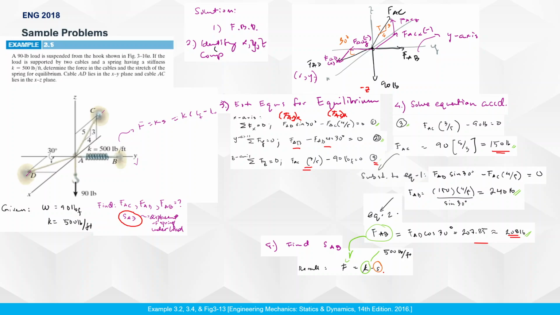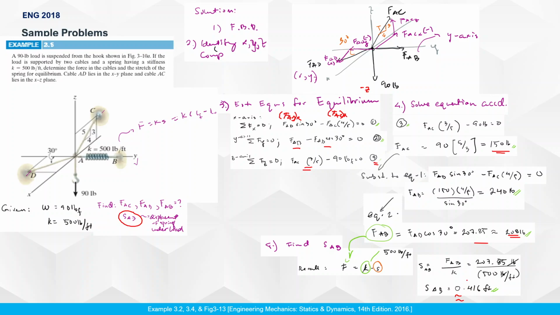So we just manipulate the formula to isolate S, and we have already the difference between the final and initial. So that's 0.416 feet. Or you can convert this much better in inches. 0.416 times 12.